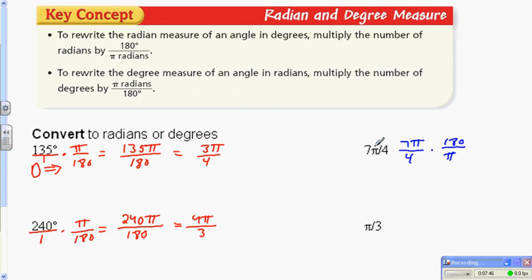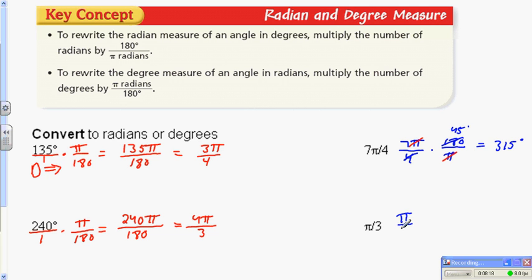And you'll notice that right away our pi's cancel, and we're left with a fraction that we want to simplify, and 4 and 180 simplify. I think 4 goes into 4 once, 4 goes into 180 45 times, 7 times 45, 315, and now we're in degrees.